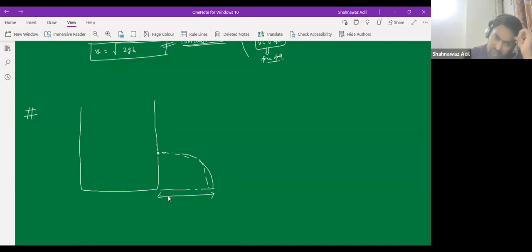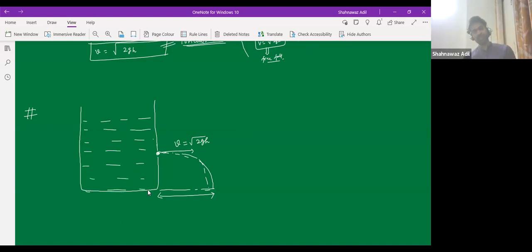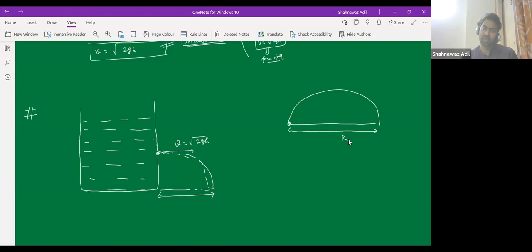So what will this distance be called? You guys have forgotten the projectile. What is this distance?